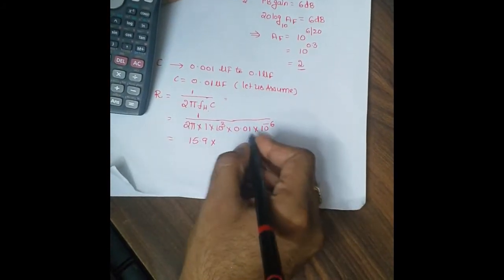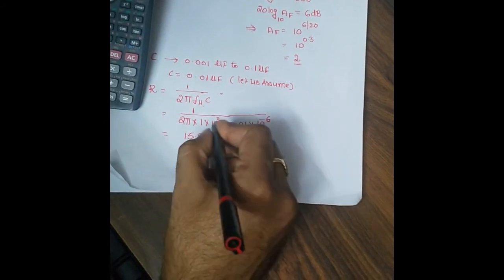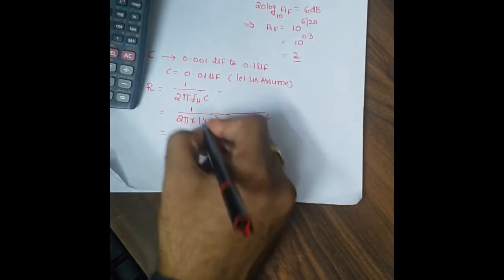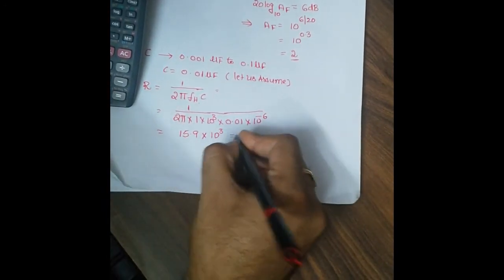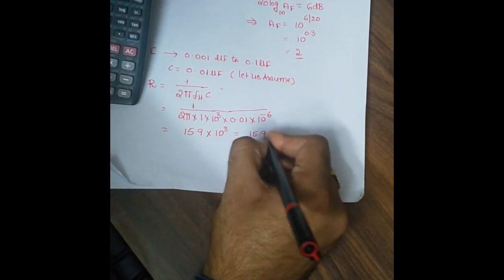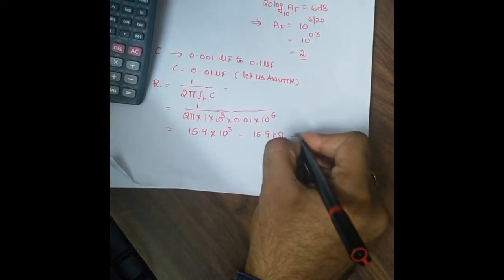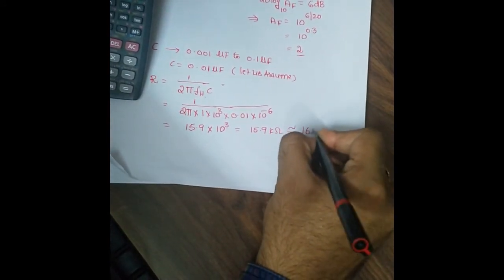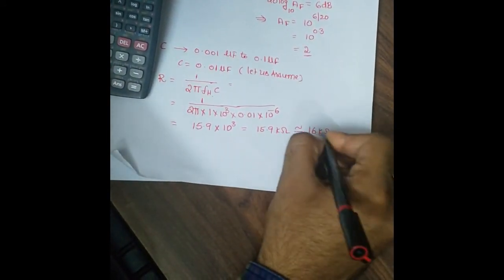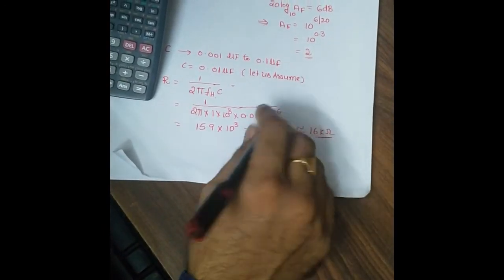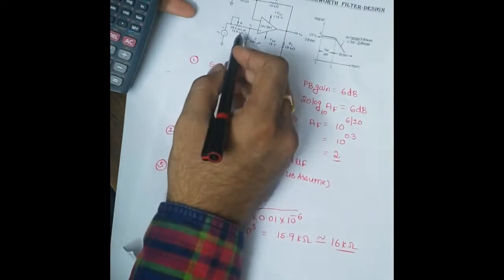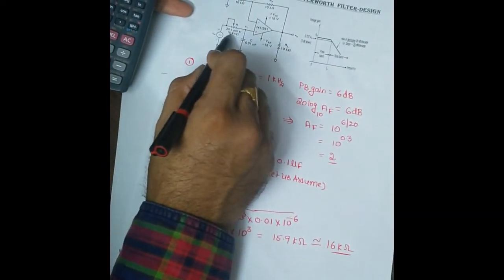So it becomes 10 power minus 3, and 10 power minus 3 divided gives 10 cube. So 15.9 kilo ohm, approximately 16 kilo ohm. If we want to take a fixed value, then we put it as 16 kilo ohm. Otherwise, if you take a pot, then you replace it with 15.9 kilo ohm.